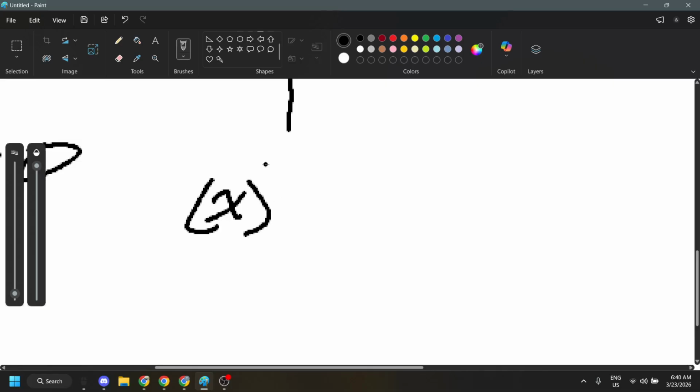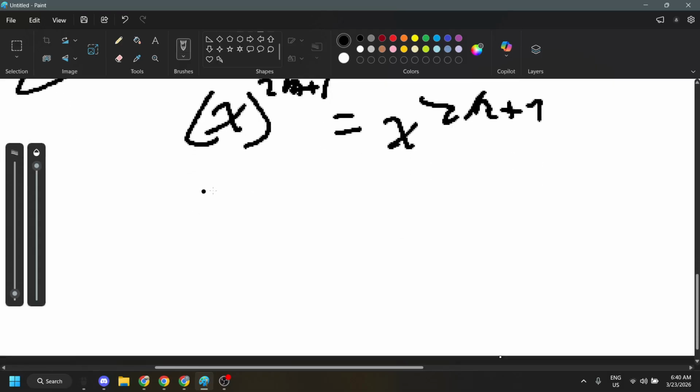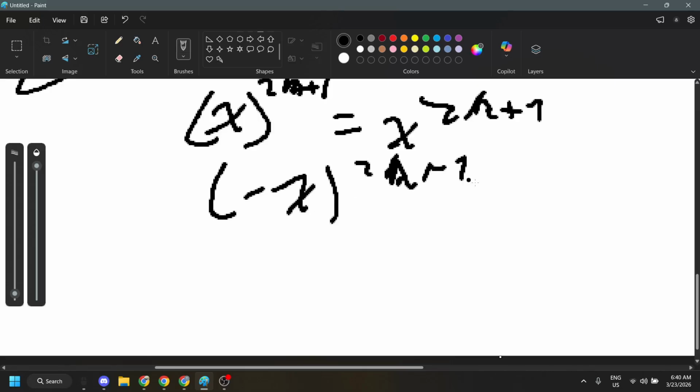If you have x to the 2k plus 1, we know that negative x to the 2k plus 1 is going to be equal to negative x to the 2k plus 1.